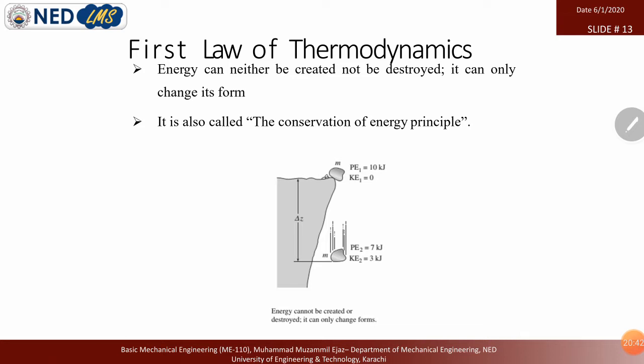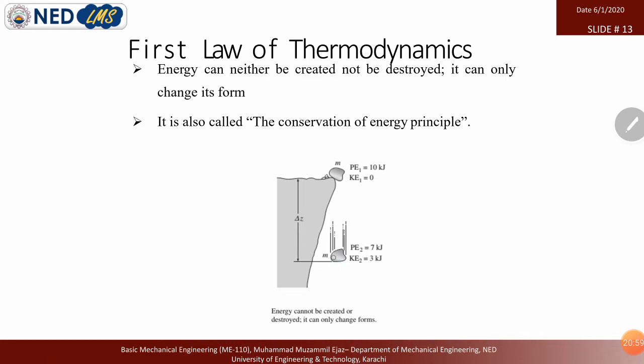Now by this definition, you come across a question: if energy is transformed from one form to another, can we produce a perpetual machine? Like in this particular example, the potential energy is converting into kinetic energy.